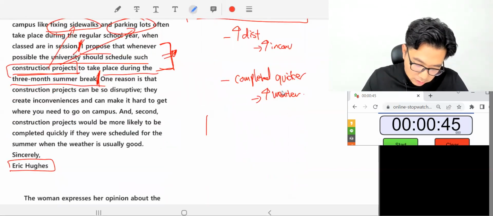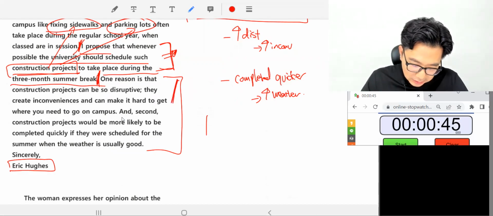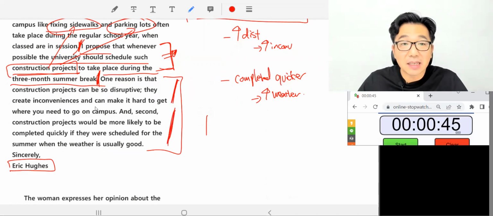And this part, as you probably know by now, we don't really say in our answer. You can write it down or at least read it through, because more than 90% of the time, the listening is discussing exactly this.